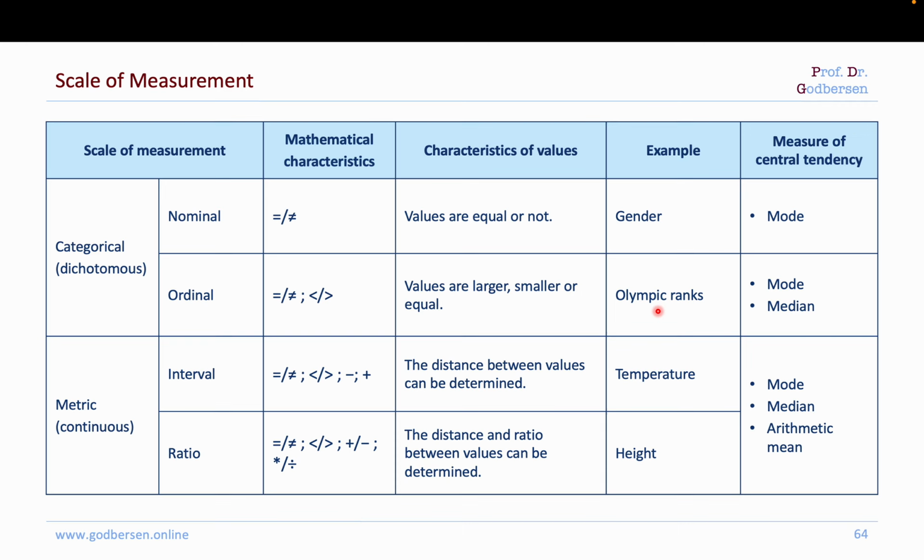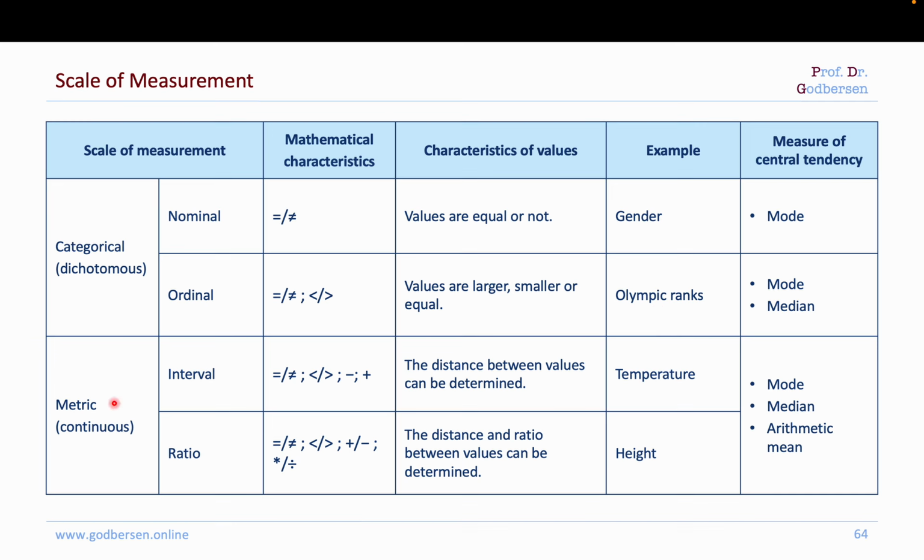But we cannot say how much better the gold medalist was in comparison to the silver medalist. Just think of the 100-meter sprint at the Olympic Games. If there's just a tenth of a second between gold and silver, you cannot say gold is double as good as silver or something like this. You can only say more or less.